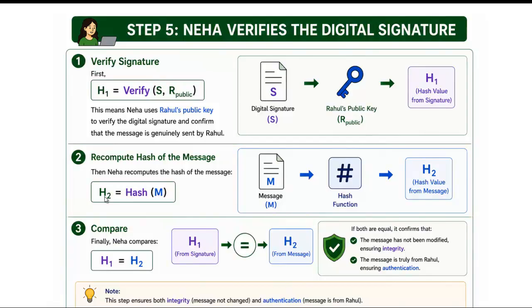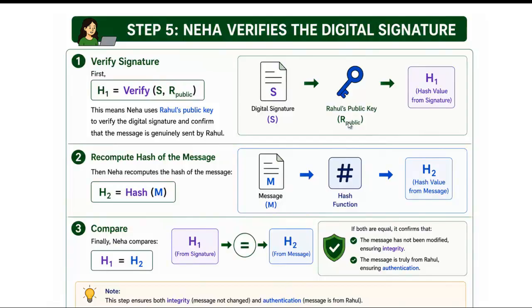Finally, Neha compares both hash values. H1 is equal to H2. If both values are equal, it confirms that the message has not been modified during transmission, ensuring integrity. The message is genuinely sent by Rahul, ensuring authentication. Hope all of you are clear with the end-to-end flow.